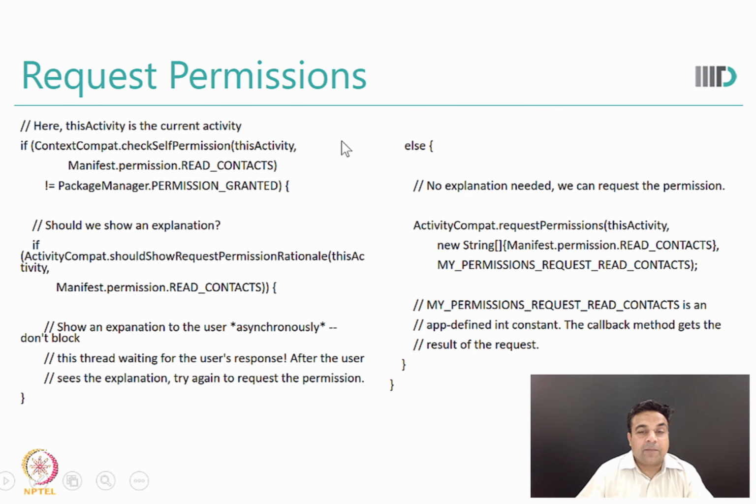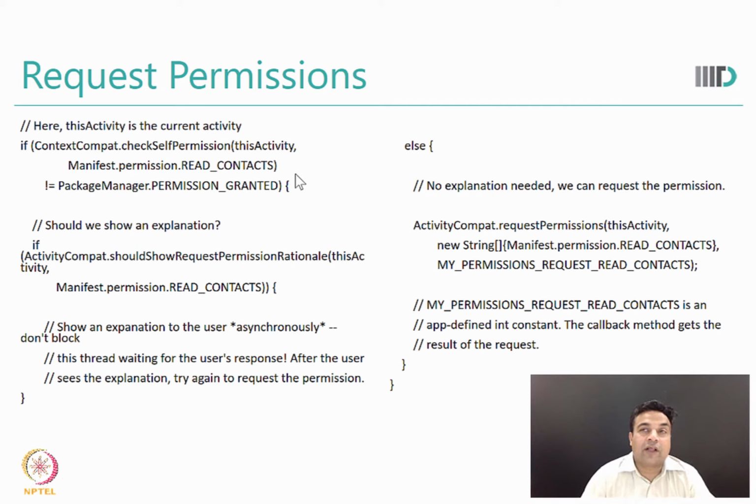Now let's look at programming code where we are trying to handle both scenarios, when the permission is granted and when the permission is not granted. If we look, checkSelfPermission, this activity, READ_CONTACTS, and this is not equal to PERMISSION_GRANTED, that is, the permission has not been granted. In such cases, you may want to show the user an explanation.